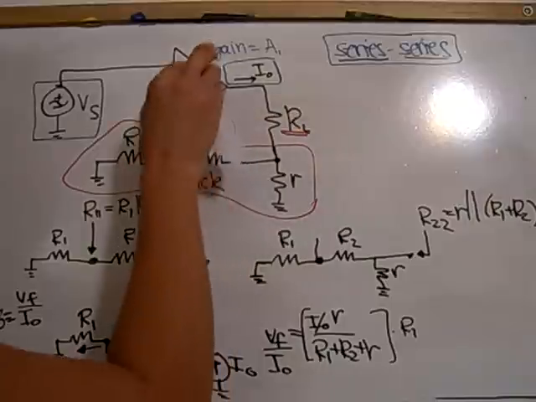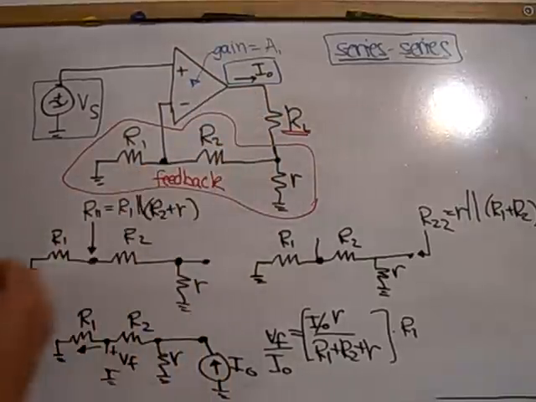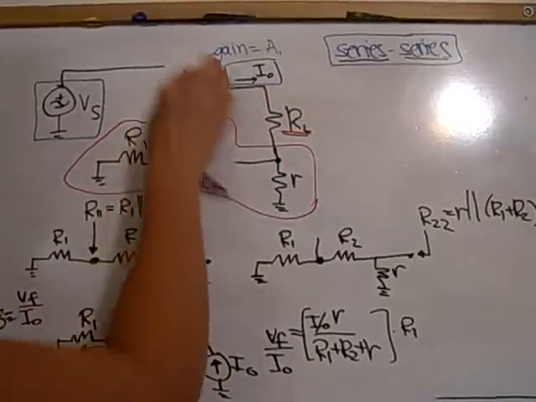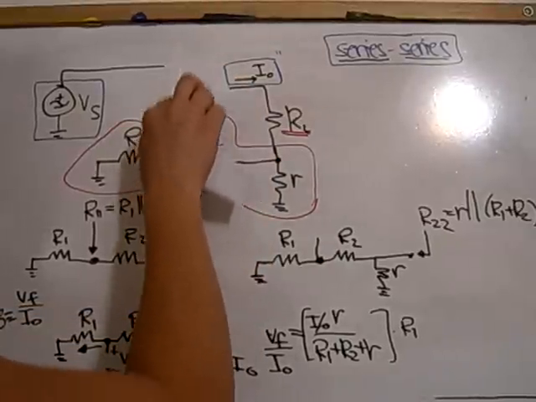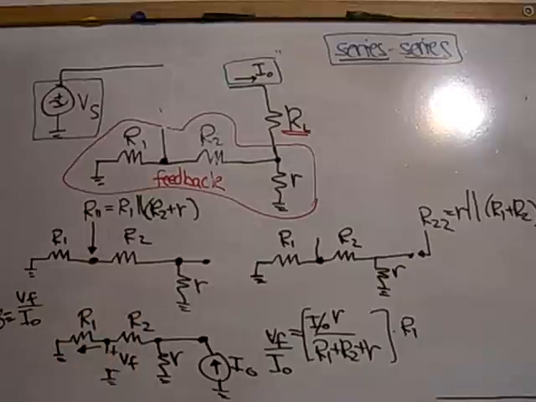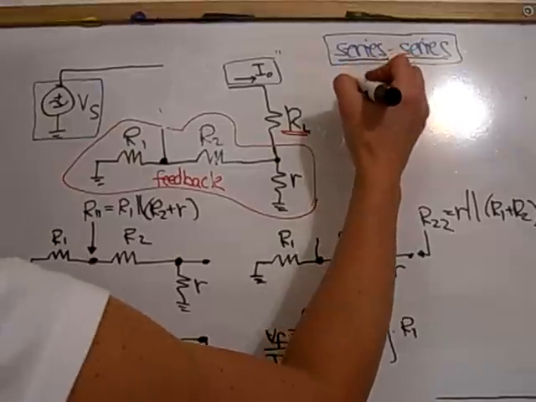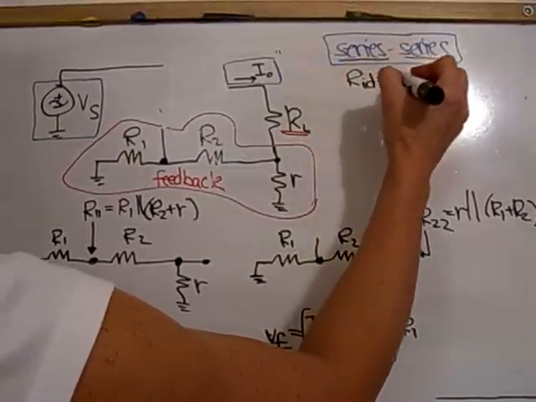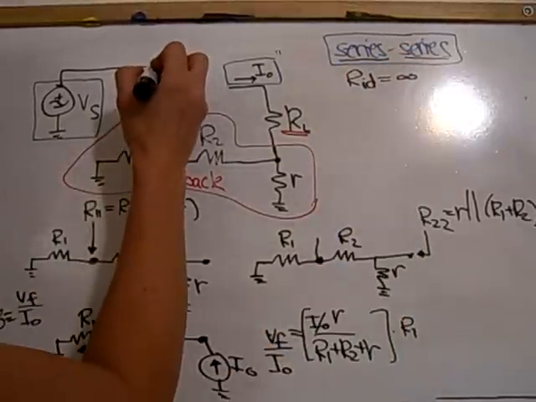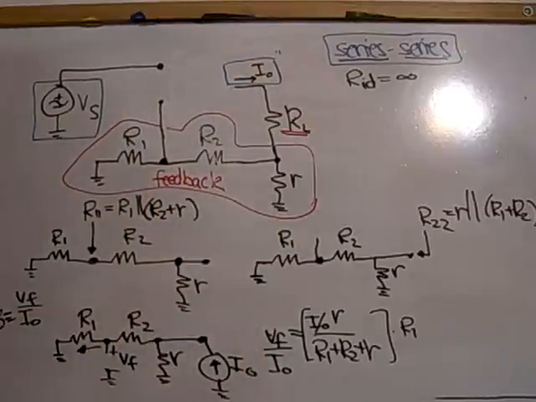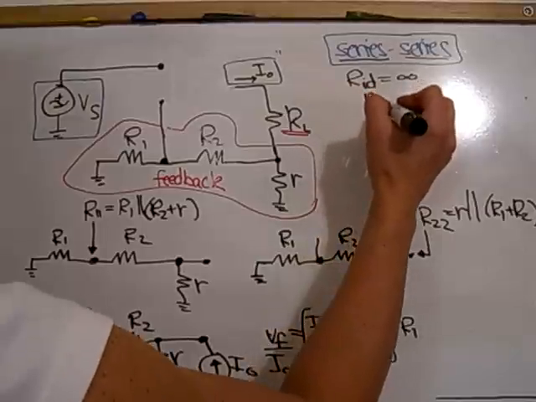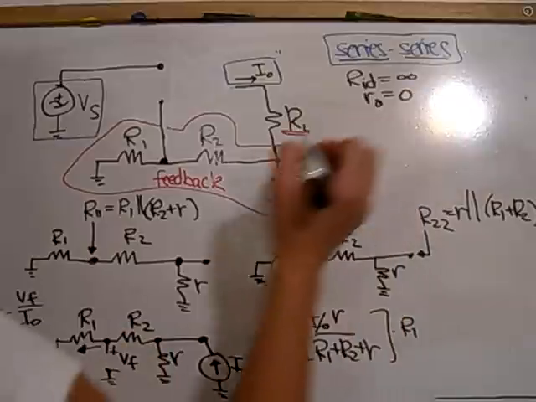So now I want to redraw this circuit for the small signal. I've been told that this has a gain of A. And it has ideal input resistance, so I'm going to assume that that's open. And also that RO is ideal with 0 ohms.